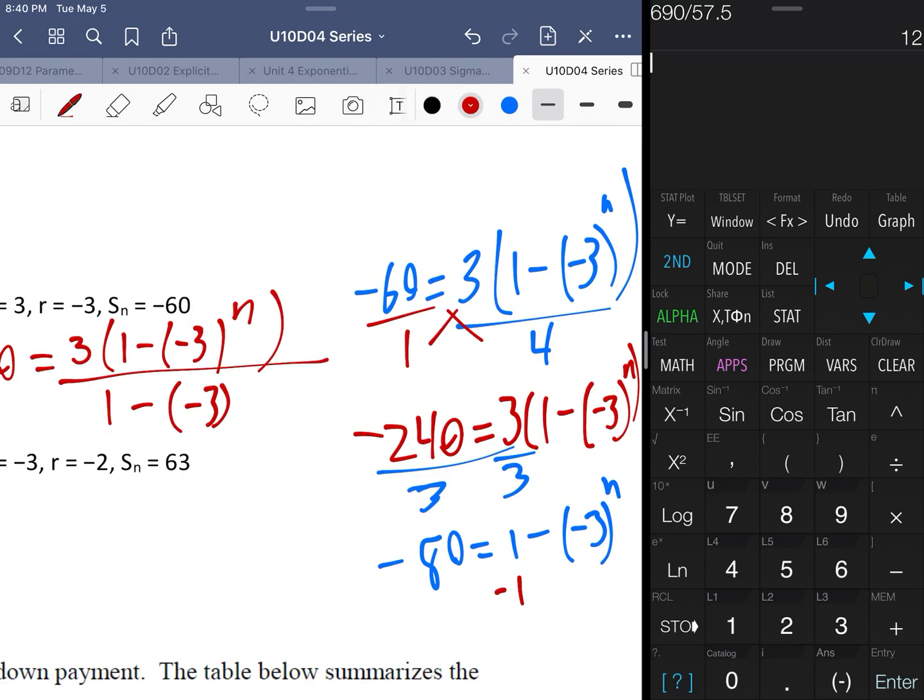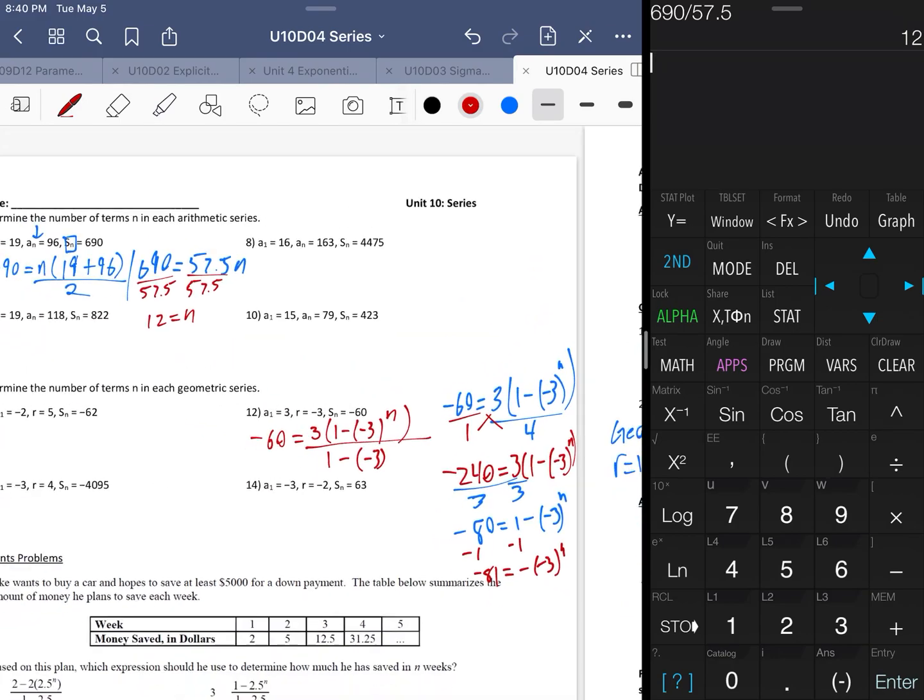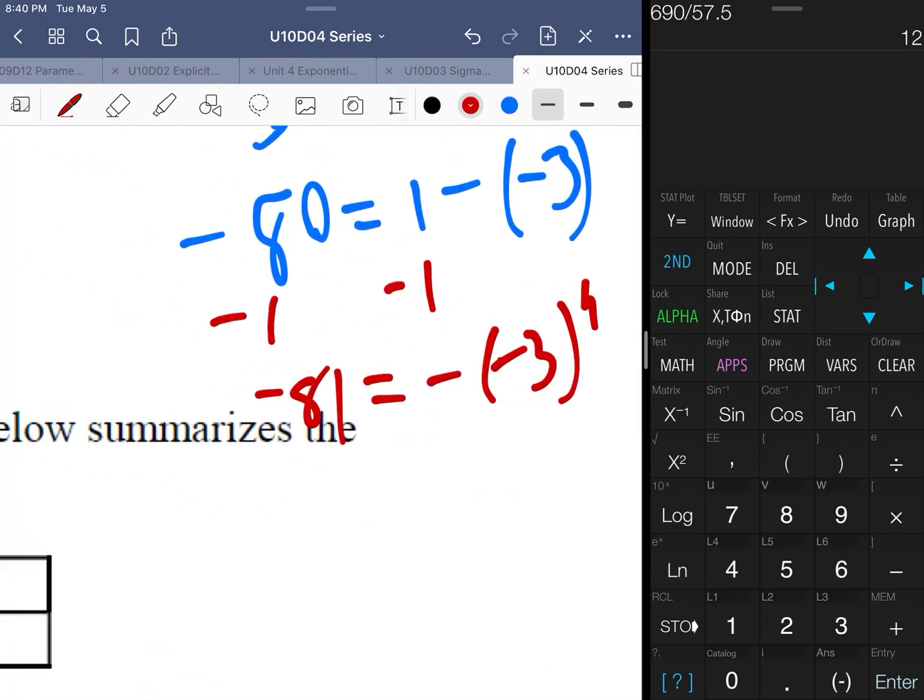I'm then going to subtract the 1 to the other side and get negative 81 equals negative of negative 3 to the n. I'm going to make both of these positive. So I'm going to get 81 equals negative 3 to the nth power.